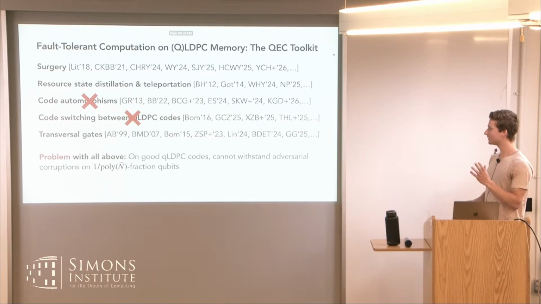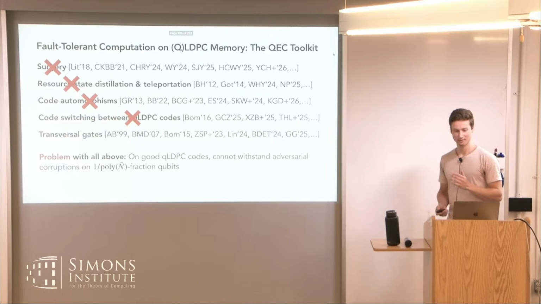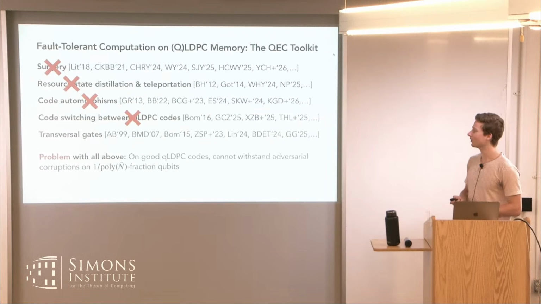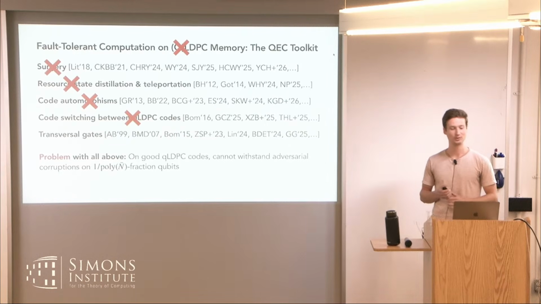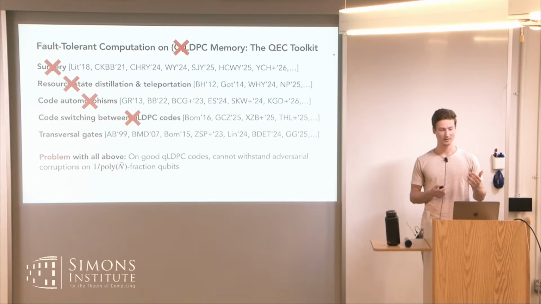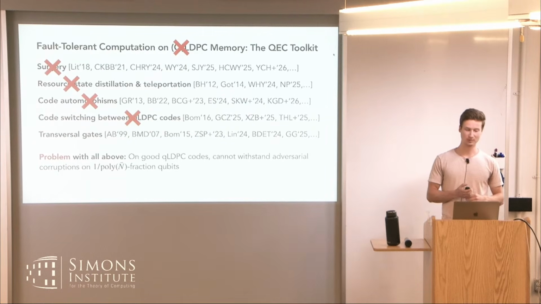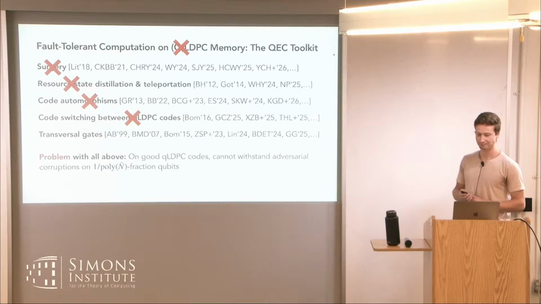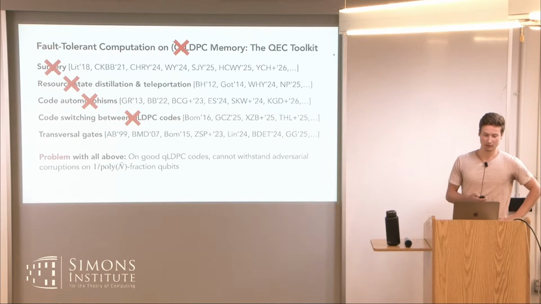But all of these techniques don't seem to withstand enough errors for our purposes. So actually we just won't be able to use quantum LDPC codes. We won't be able to use a QLDPC memory because we don't know how to do the fault tolerant computation and withstand enough errors. So we're actually back to the drawing board.